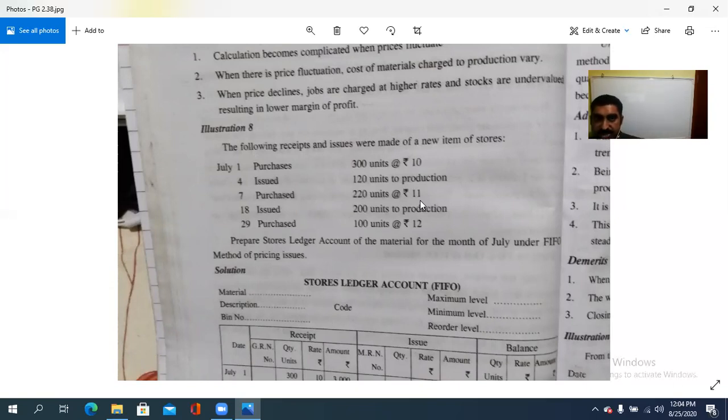Then on the 18th, issued 200 units to production. And on the 29th, purchased 100 units at 12. Prepare the stores ledger account of the material for the month of July under the FIFO method of pricing. So firstly, we need to do the stores ledger account, FIFO method.